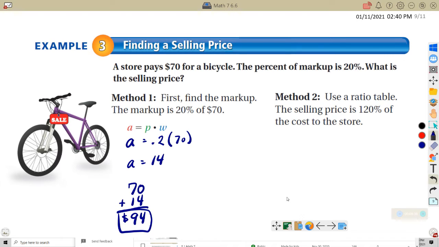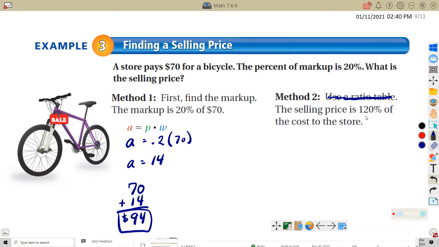Now, the other method would be to do kind of like the opposite. Instead of subtracting those things, we're going to add. We're going to add to 100%. It says use the ratio table, but don't worry about that ratio table part. If I multiply 70 times 100%, I just end up with 70, so I need to have a bigger number.